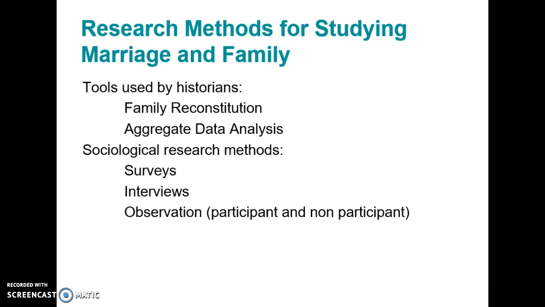Sociologists use surveys, interviews, and observations to study families, and they use others too, but we'll focus on these today. Surveys are the most common method used by sociologists to study any topic.